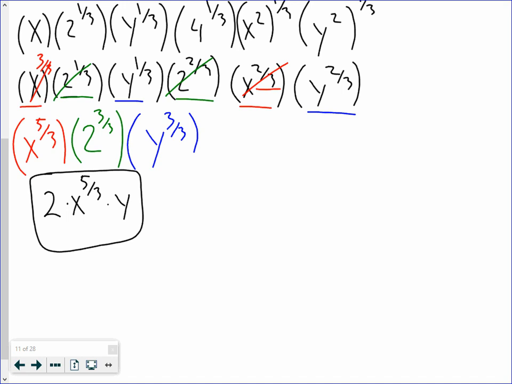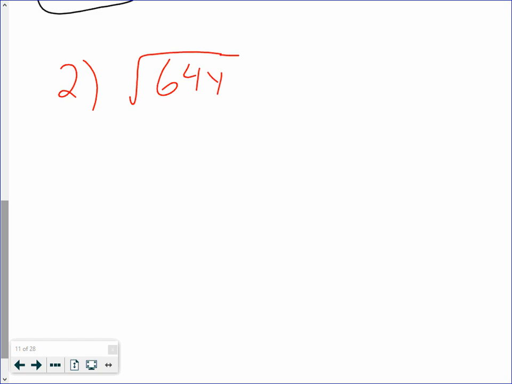And now for number 2, I'm going to do it down below here, just because you don't have any room up top. Number 2, we have the square root of 64y all over the cube root of 64y. So we have two radical expressions, and we're going to rewrite them as rational exponents so we can reduce this and simplify it down.